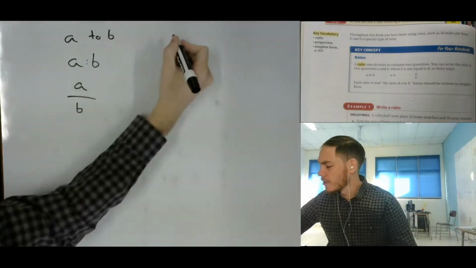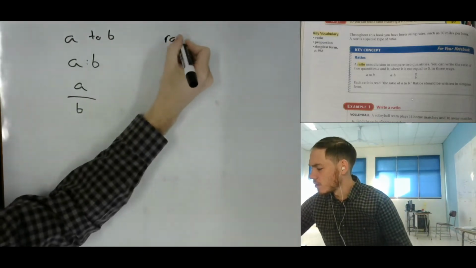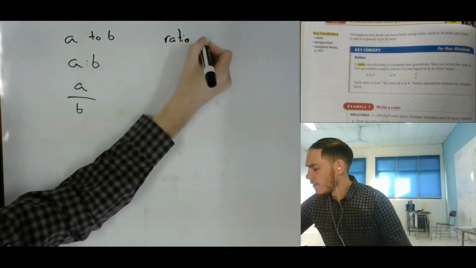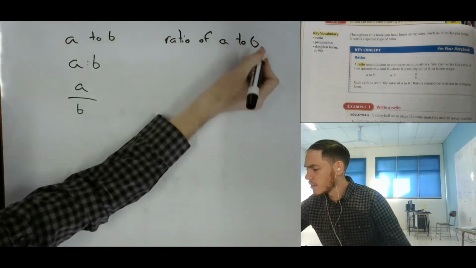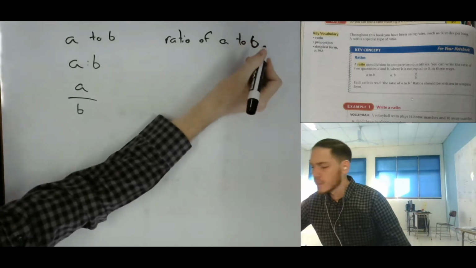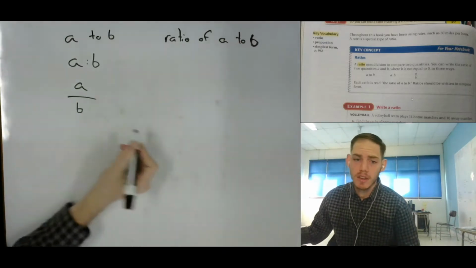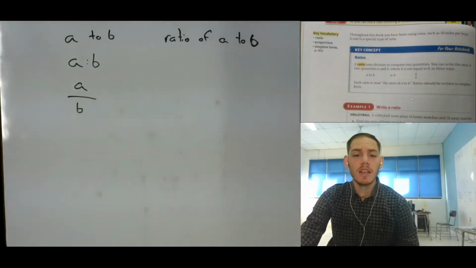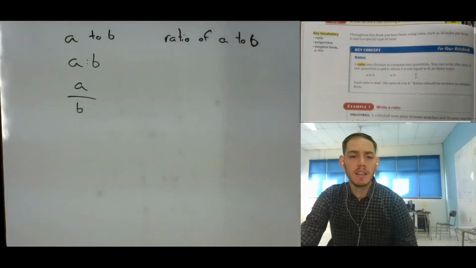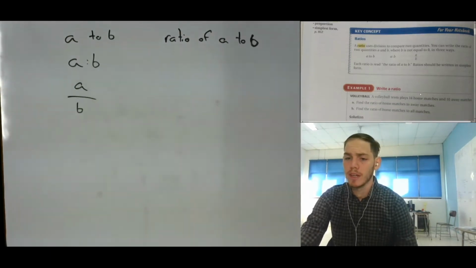The way we read it is, it's the ratio of A to B, okay? And it must be written in simplest form. So if both of them can be divided by 2, then you divide both by 2.